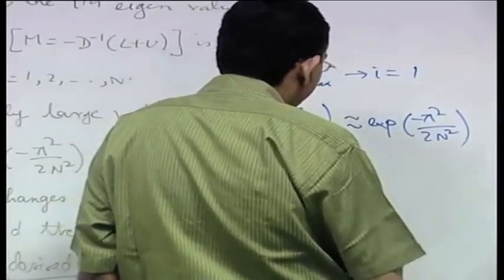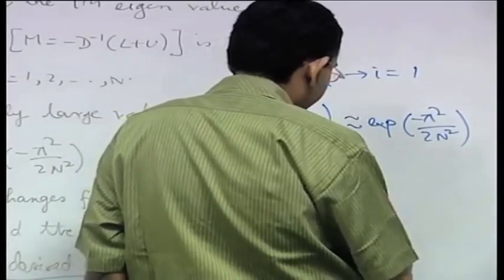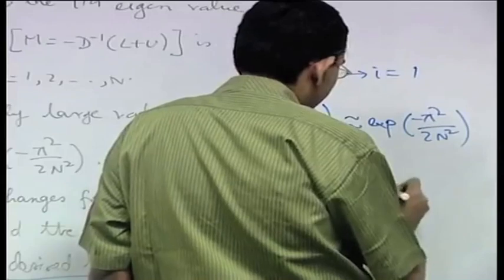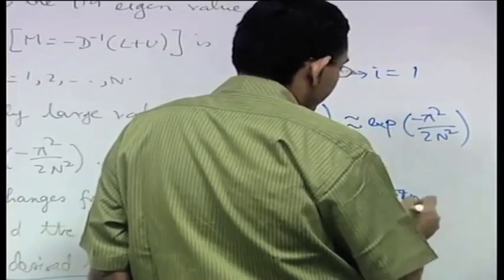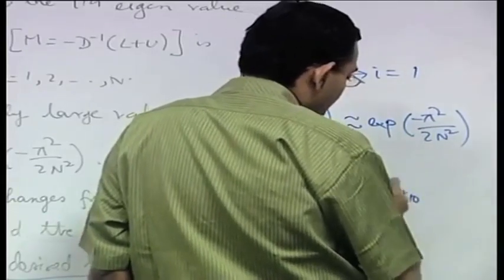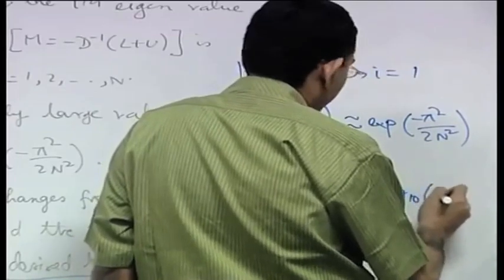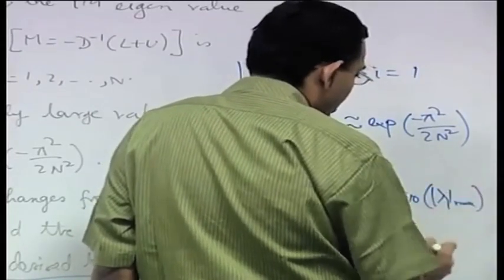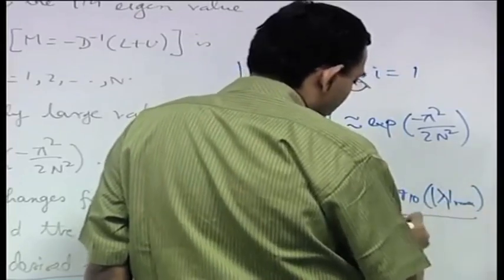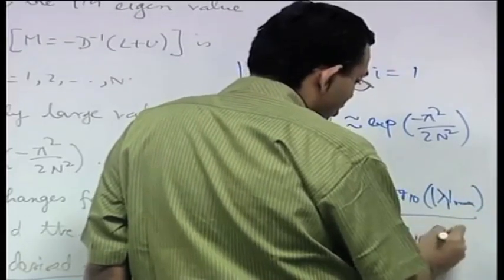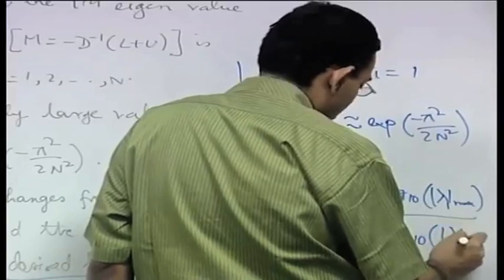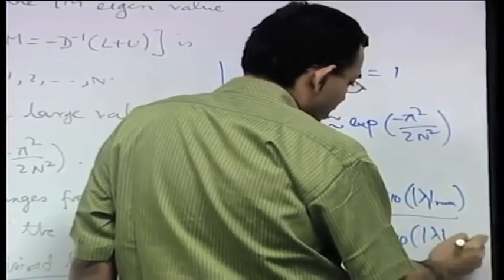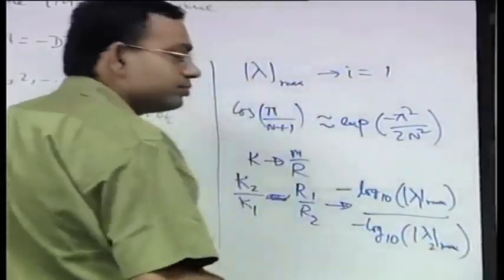What is the rate of convergence for the first case? So, minus log 10 of mod lambda max in case 1, divided by minus log 10 of mod lambda max for case 2.